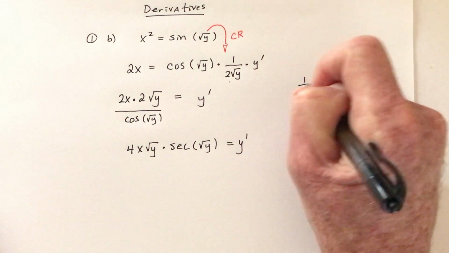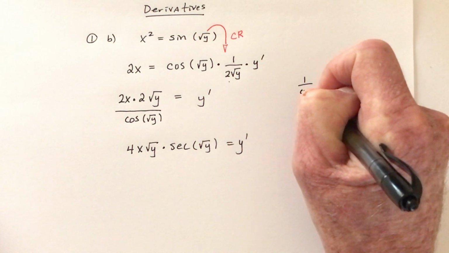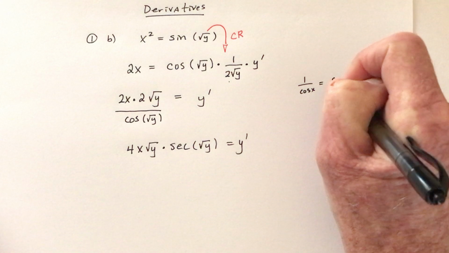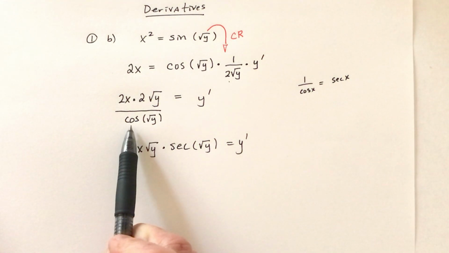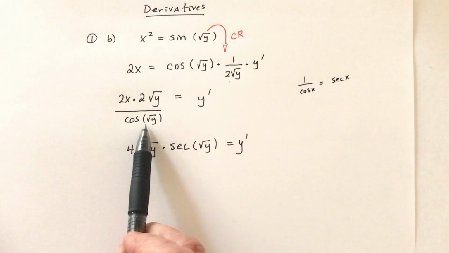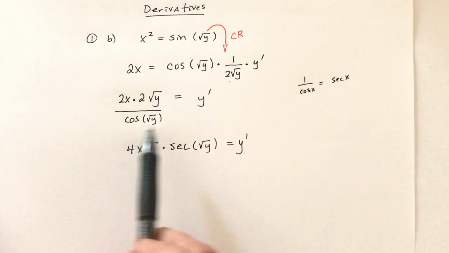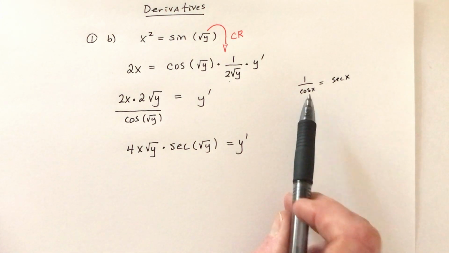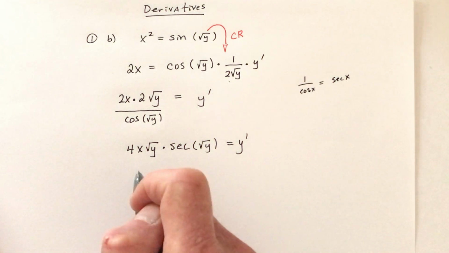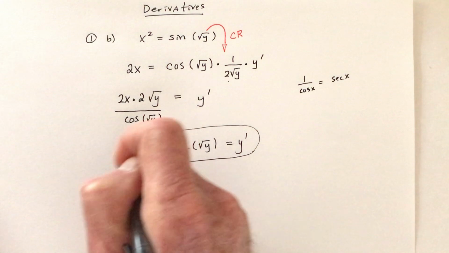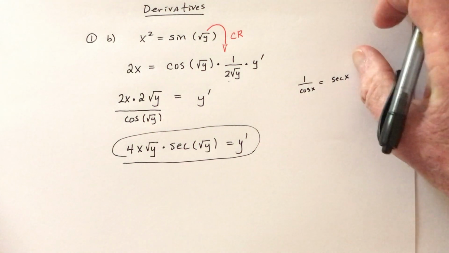Well, remember from trigonometry, 1 divided by cosine is equal to secant. So you could leave the answer like that, divided by cosine, or you could get fancy and use this trig identity to say the answer is going to have times secant the square root of y. All right.